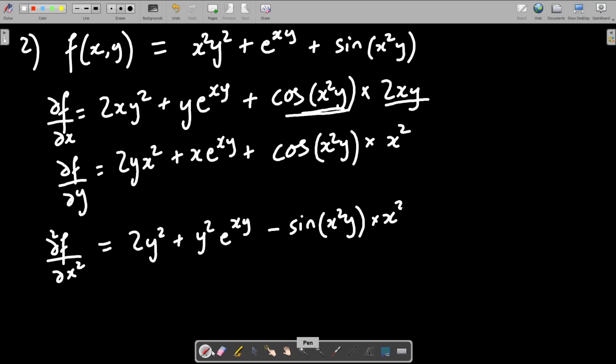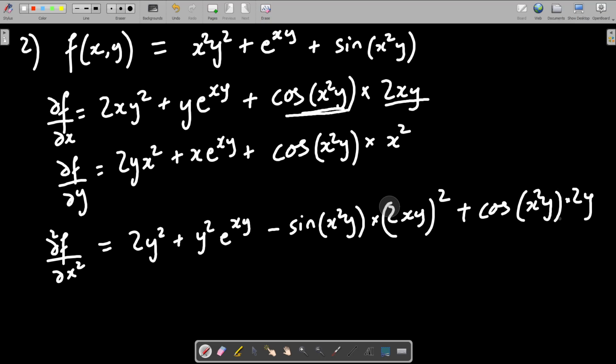Oh sorry, I was doing this one. I thought I started the y case. 2xy. Okay, I was right. Then they have to just take the derivative of this thing, cos of x²y. This derivative will become only 2y. So this is all we get.